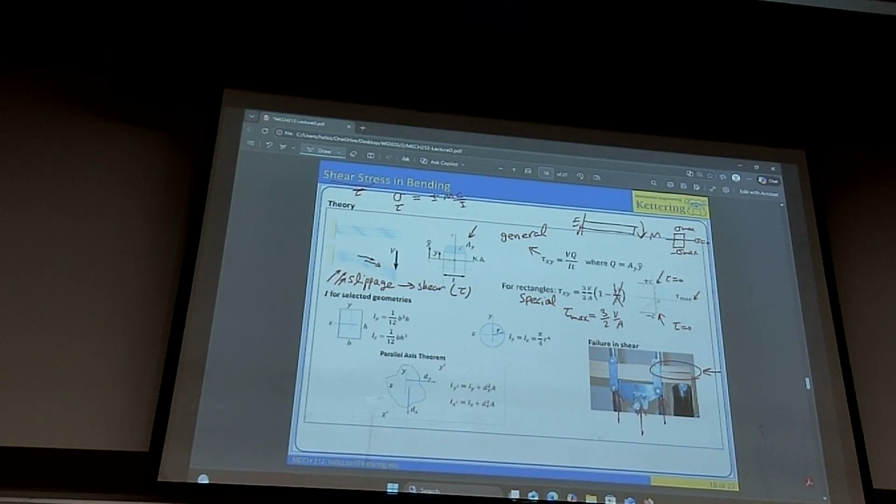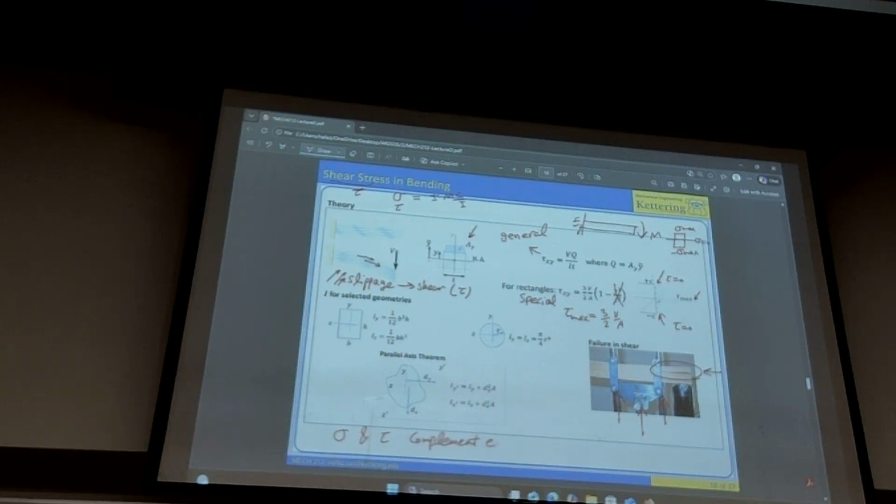Sigma is max, tau is 0. If tau is max, sigma is 0. The two complement each other, magnitude-wise.